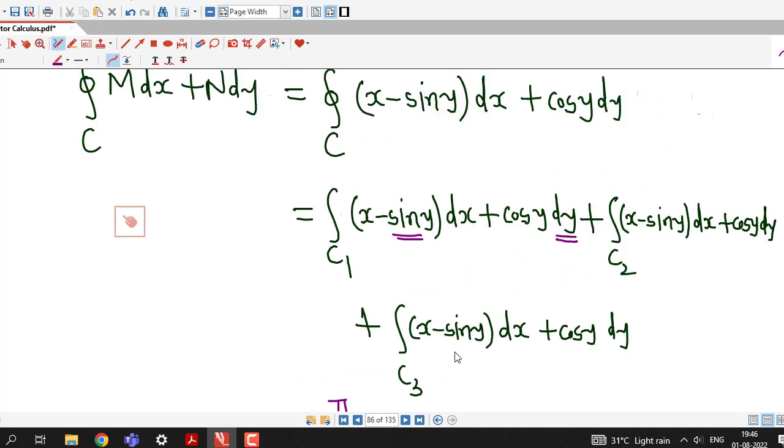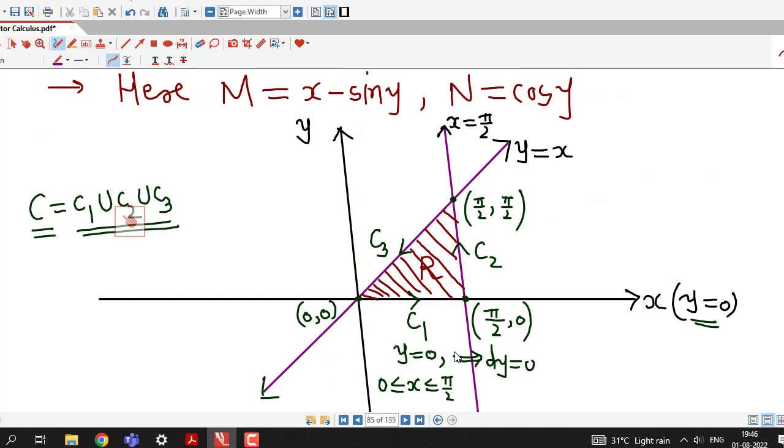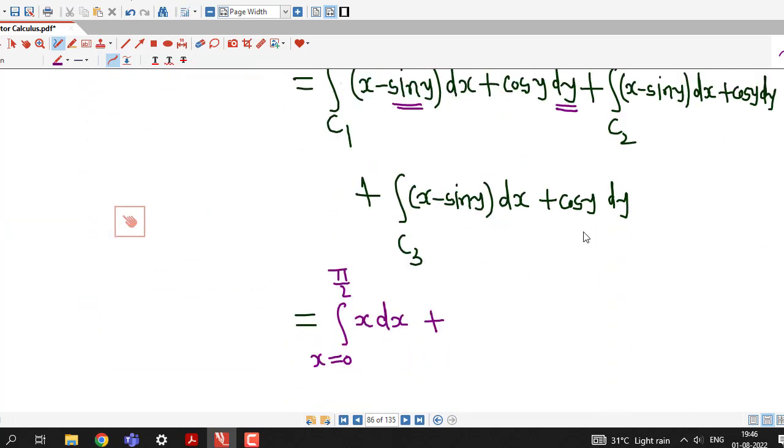Plus, now we check what we have along C2. C2 means line x equal to pi by 2, that is x is constant, therefore dx is 0 and y varies from 0 to pi by 2. So along C2 we use x equal to pi by 2 and dx equal to 0.